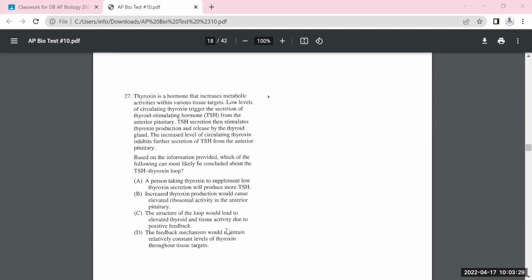TSH secretion then stimulates thyroxine production and release by the thyroid gland. Increased level of circulating thyroxine inhibits further secretion of TSH from the anterior pituitary.